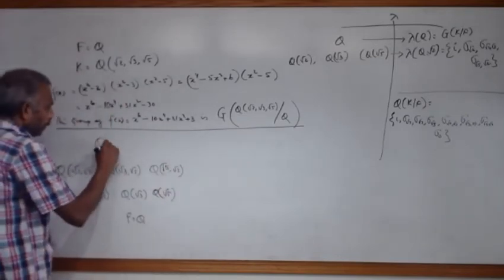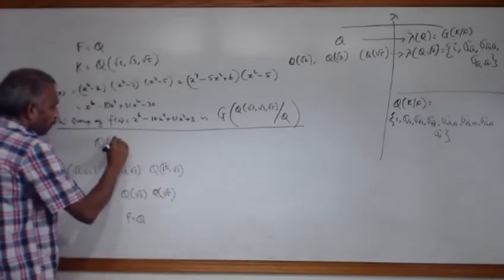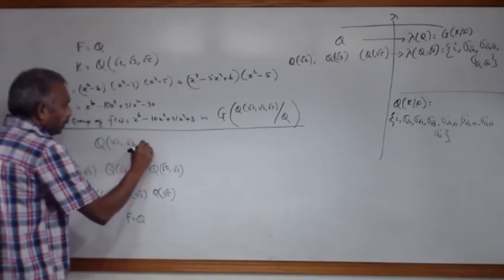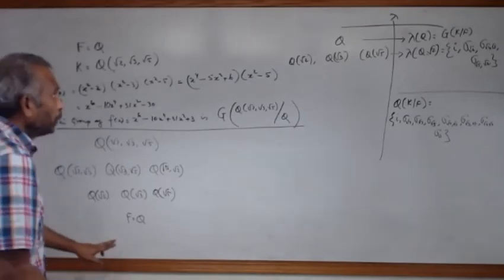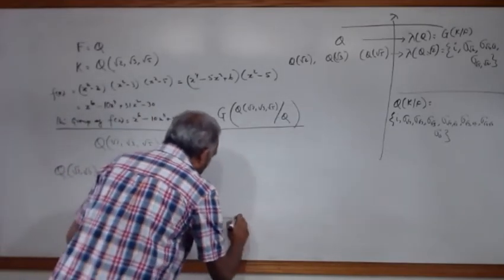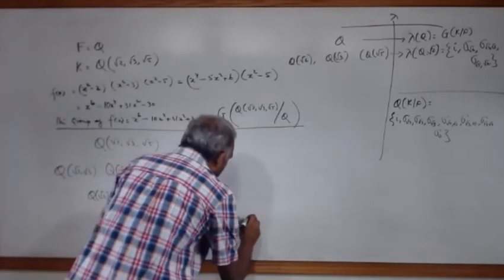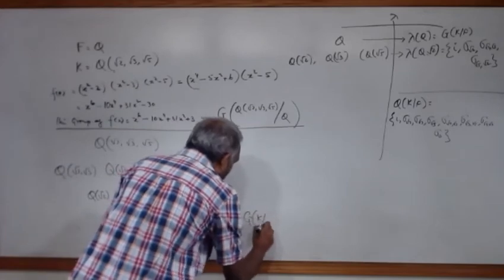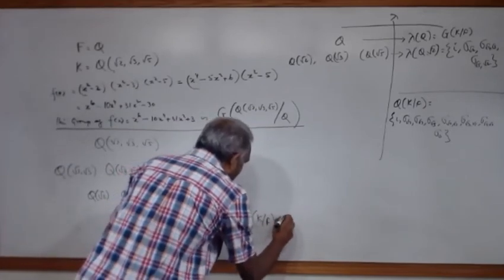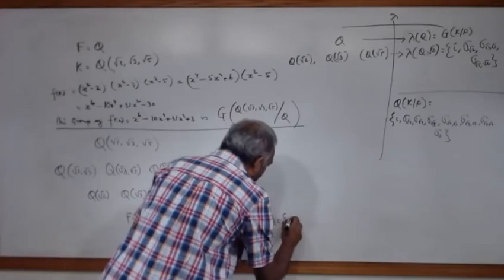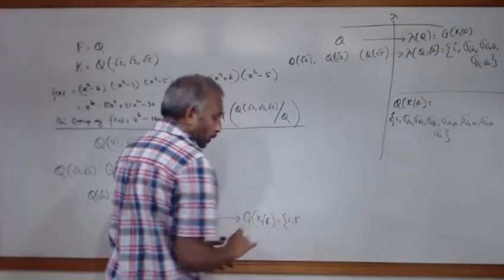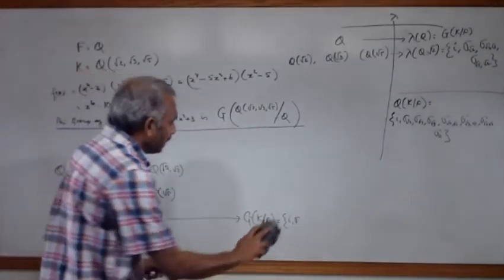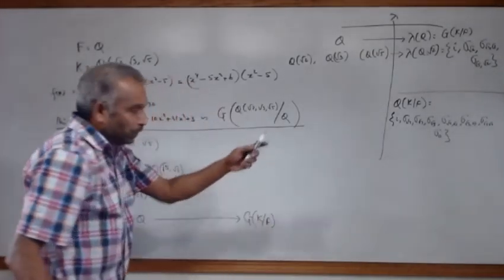And you have Q of root 2 root 3 root 5. So the Q goes straight to the G of K over F, and that is equal to I, the whole thing. I'm not going to write the whole thing there, but that is what is going to happen there.